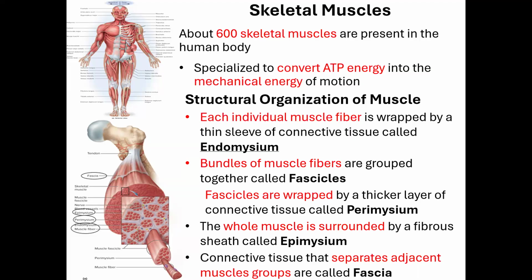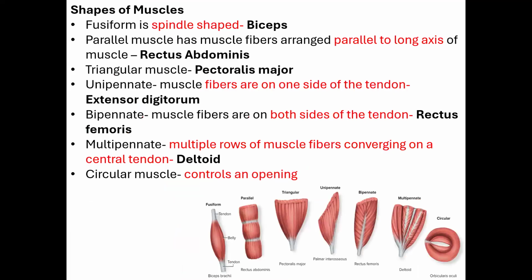Okay, so we have introduced a lot of new terms here. So I want you to get familiar with these terms. So let's quickly look at the shape of the muscles. If you look at the biceps, it is a fusiform muscle, like a spindle.